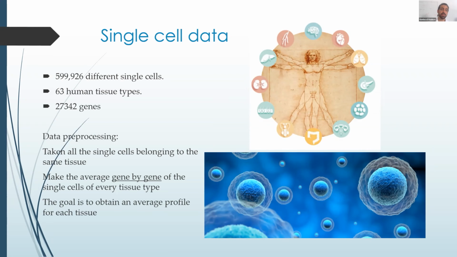What we have done is take all the single cells of the same tissue and compute an average, gene by gene, of the raw counts of this data. As I said, the idea is that every attractor corresponds to a type of cell. So the goal is to create an average profile for each tissue, so we can look at it and see whether we can find the common C or not.